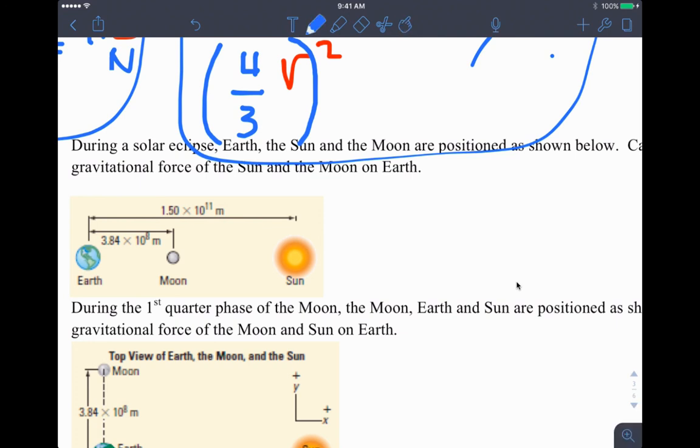This one's got a little discrepancy. The separation distance between the Earth and the Sun is actually 1.49 times 10 to the 11th meters, not 1.5. They rounded up in this graphic. I think all the other numbers are good, but I'd like you to use your planetary data sheet.